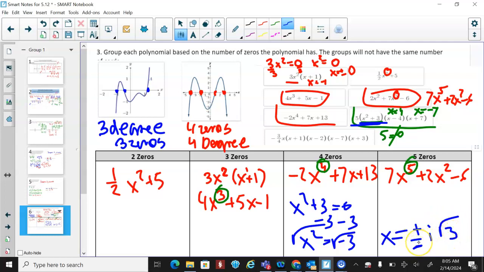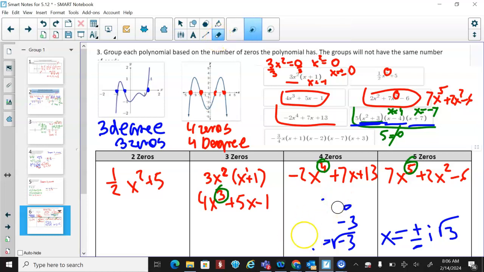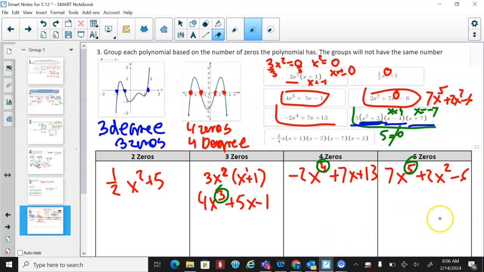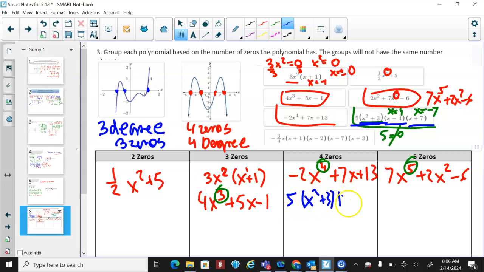That's 2 answers here. So I got these 2 answers, and then I have x equals 4 and x equals negative 7. So that would be 4 of them, all total. So I would put it under 4 zeros, which would be in a column right here. So this would be 5 times x squared plus 3 times x minus 4 times x plus 7. So that function will go right here.